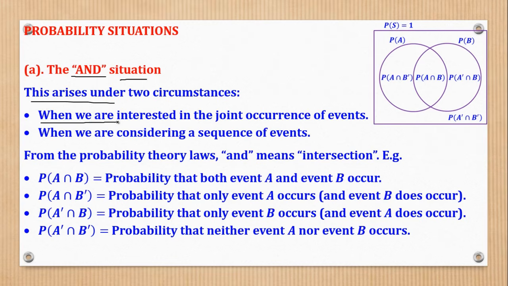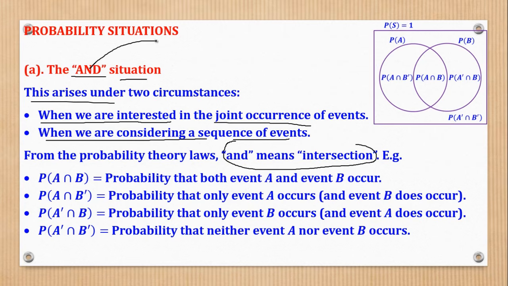One is when we are interested in the joint occurrence of events. Then 2, when we are considering a sequence of events. Therefore, from probability theory laws, AND means intersection. That's what I've told you. So when you see this word AND, you should remember that it means intersection.